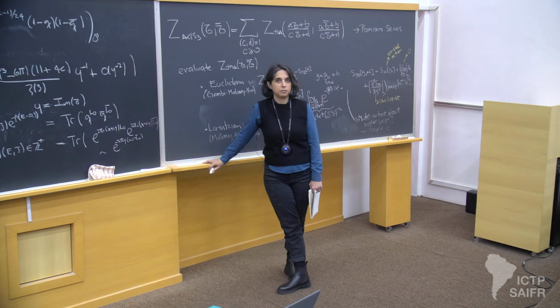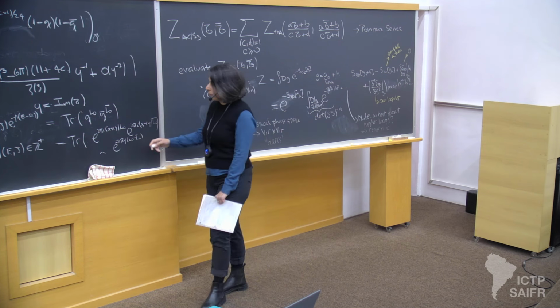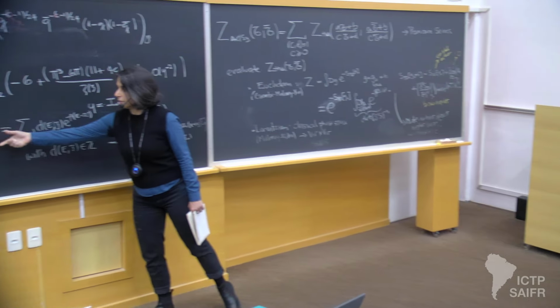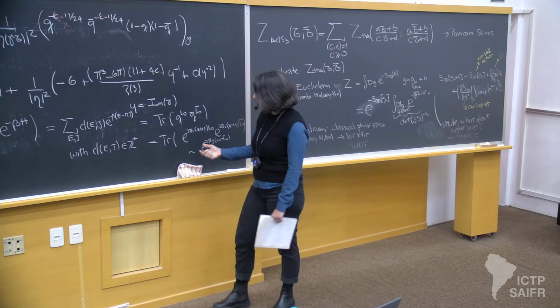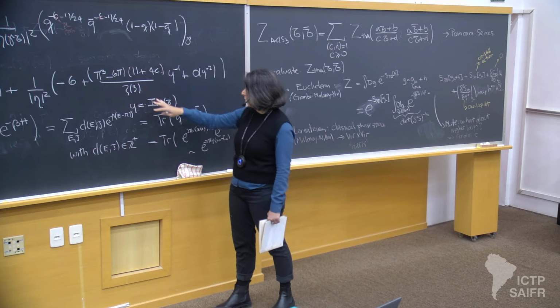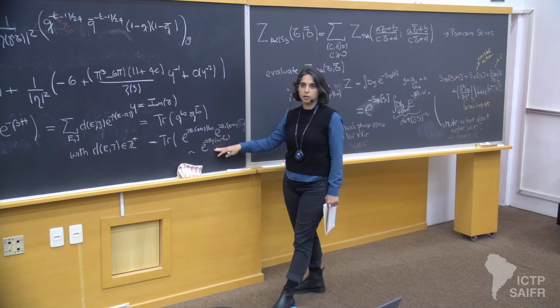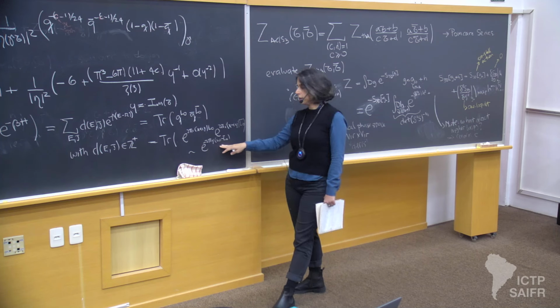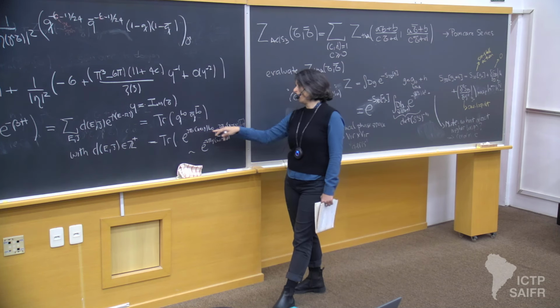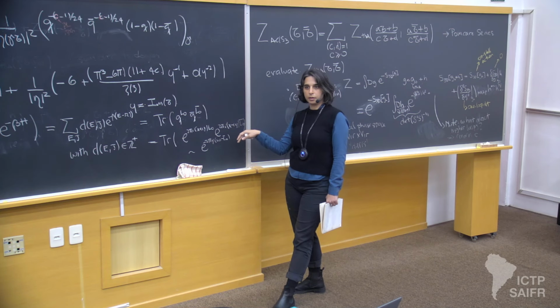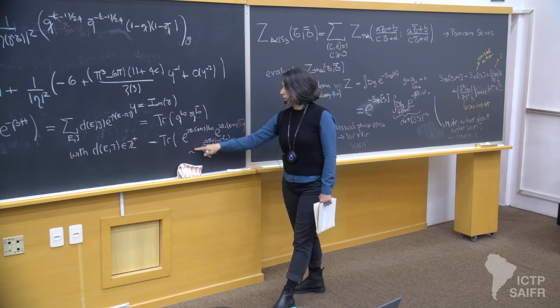No comments? So if this thing looks like a trace over a Hilbert space, it means that whatever function I get here, I should be able to decompose it in terms of exponentials of e to the minus 2 pi y and e to the 2 pi ix with the appropriate one, times positive coefficients.